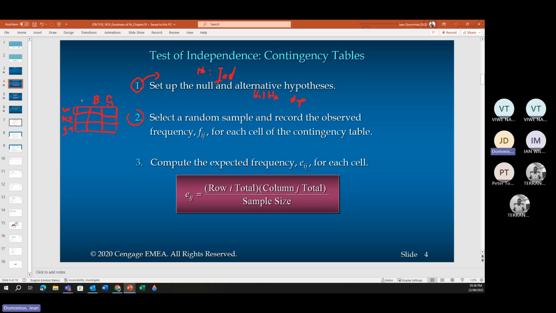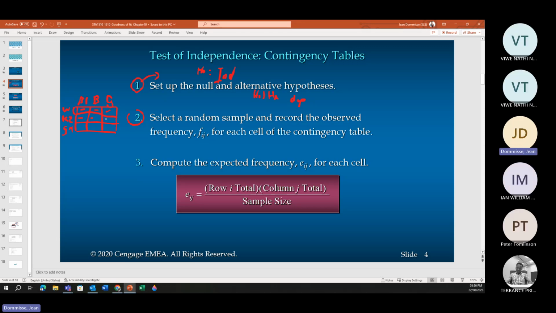So, and let's add another, let's say blue, brown, and gray. Then they need to give you these numbers of how many people were observed in each group. So that is the observed frequency.